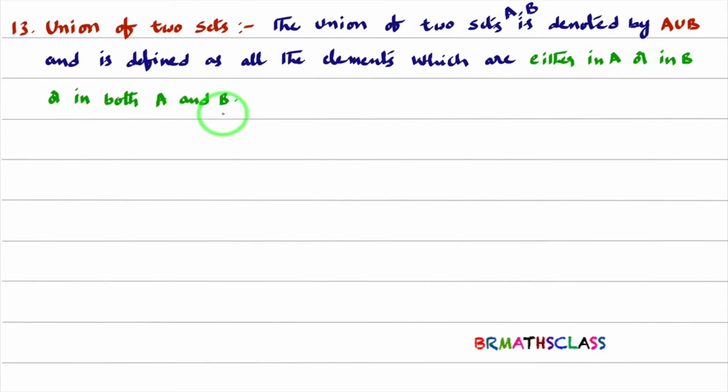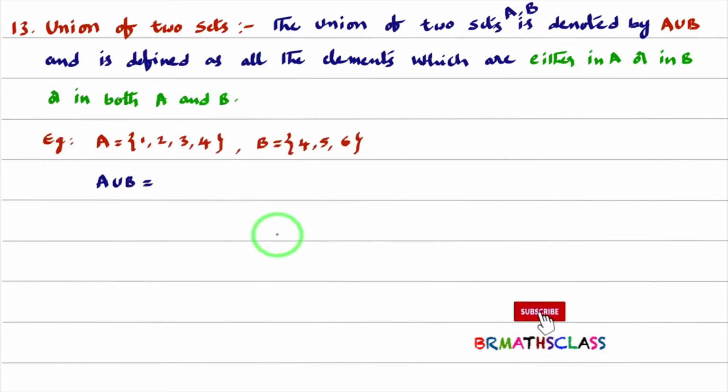We'll try to understand this with an example. You observe here, I consider two sets A, B. Now we need to calculate A union B. How is A union B defined? A union B is defined as all the elements which are either in A or in B or in both A and B. You observe 1 is there in A, so we will write here.